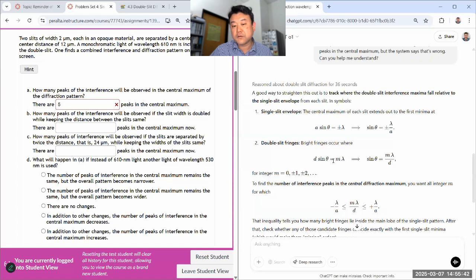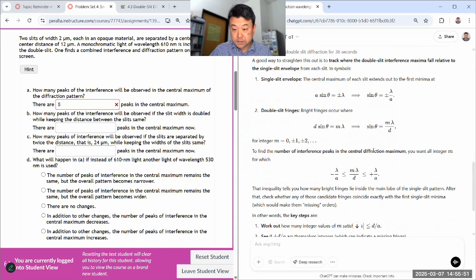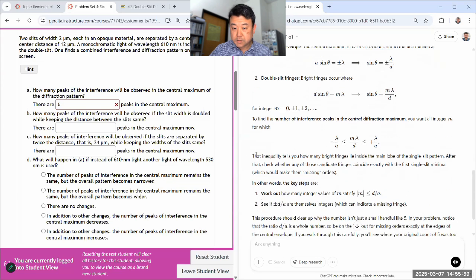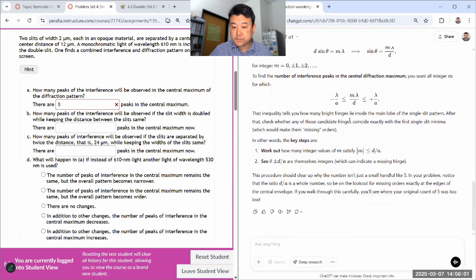So you think through at what value of m that maximum is going to fall, where the diffraction minimum will be. To find this, you want all integer m for which, yeah, something like that. The inequality tells you how many bright fringes.